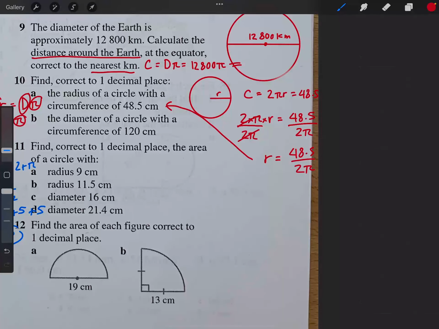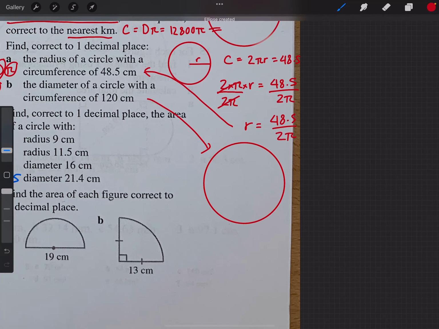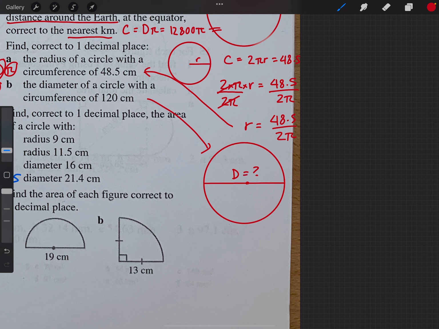We're working backwards. The diameter of a circle with a circumference of 120. So question B, you're given the circle, and we're asked to find the diameter. Now we know that circumference is equal to diameter times pi, and that is 120 centimeters given to us here.